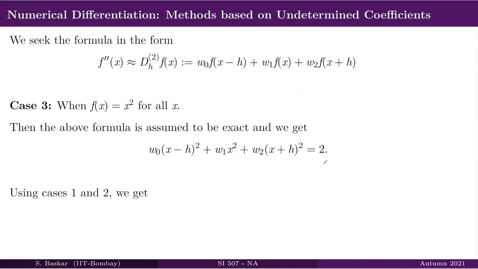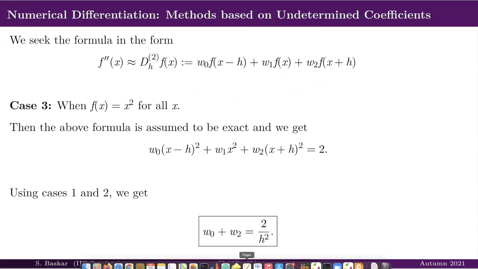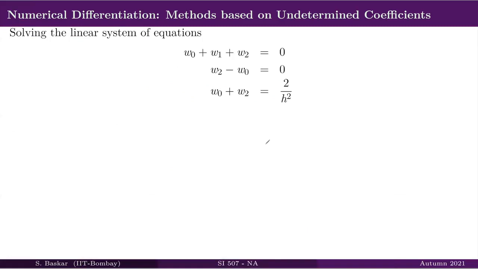And again, you can see that this equation can be rewritten in such a way that we can use the first equation and the second equation and reduce this to the form W0 + W2 = 2 / h^2. You can do this simple calculation and see how it looks. Summarizing all this, we have three equations by imposing three conditions.